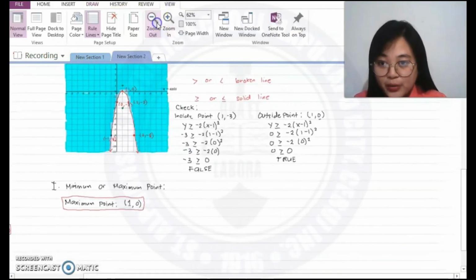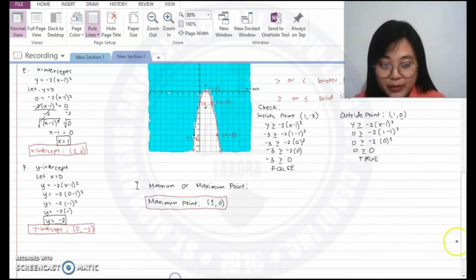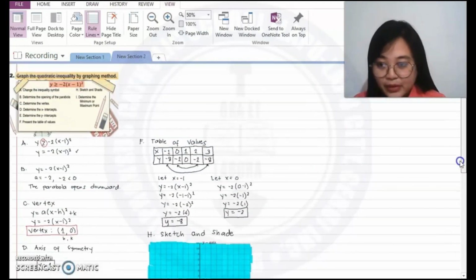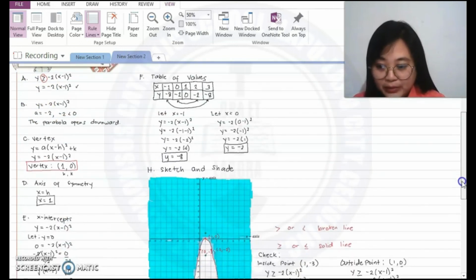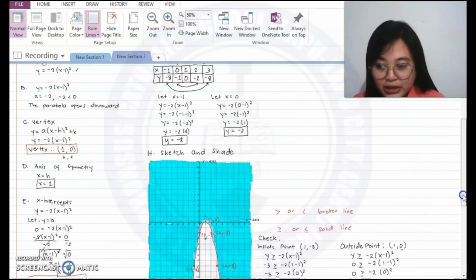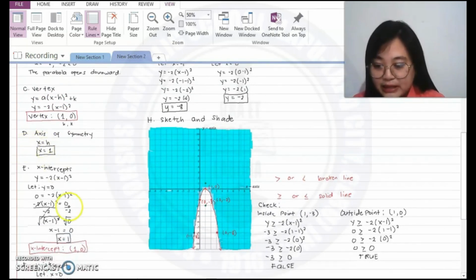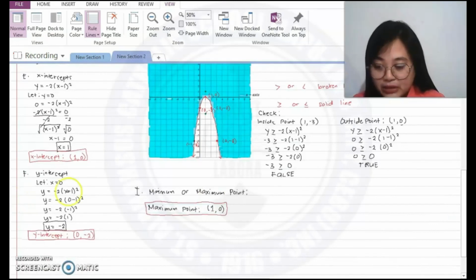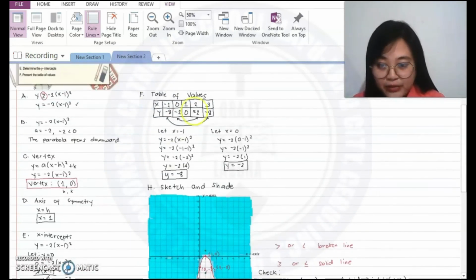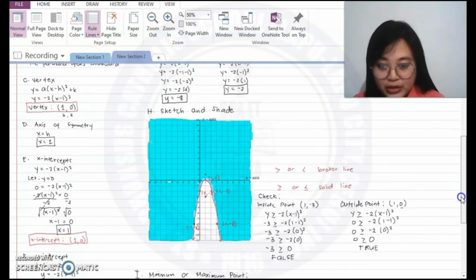Before I let you go, we need to review first from the beginning. Okay? So given the inequality y greater than or equal to negative 2 times (x minus 1) squared, change the inequality to an equal sign, determine the opening of the parabola, find the vertex, and since this is already in vertex form, we easily identify the vertex coordinates, axis of symmetry, x-intercepts, y-intercept, then the table of values, then we're going to sketch and shade.